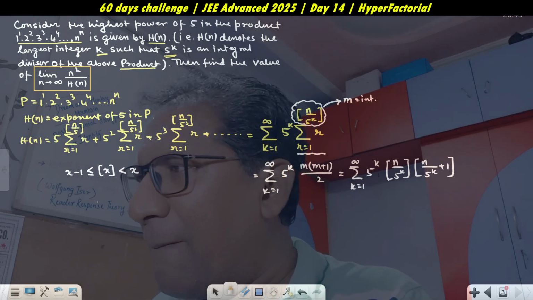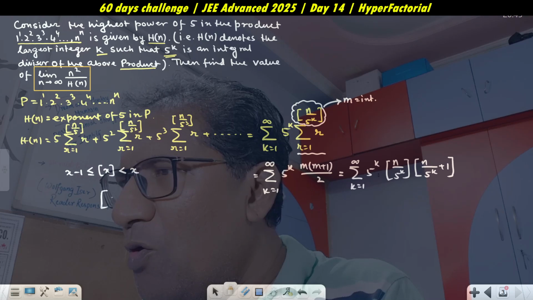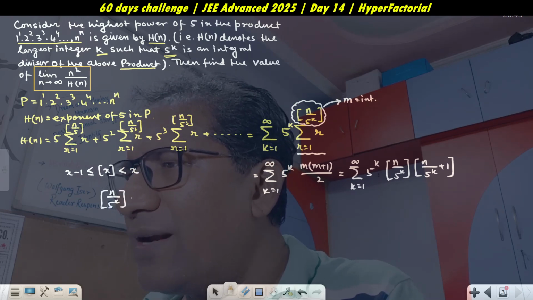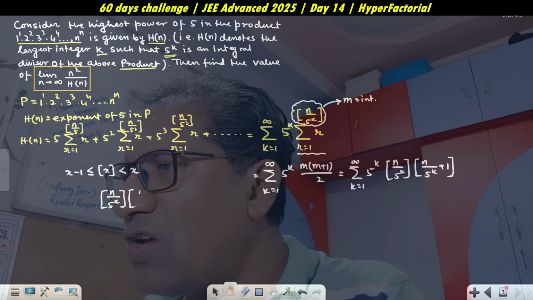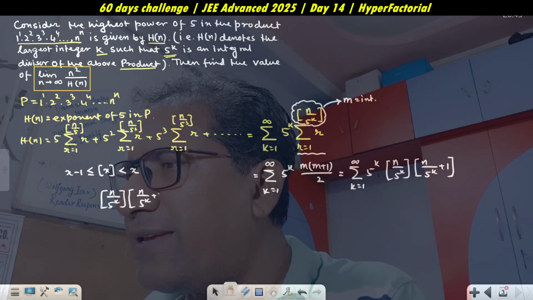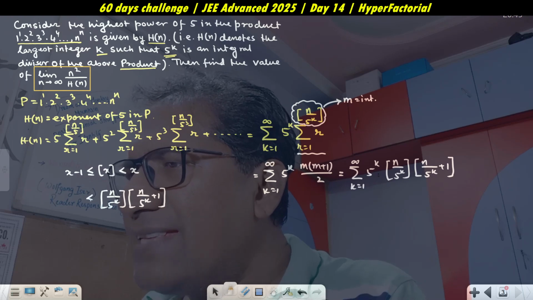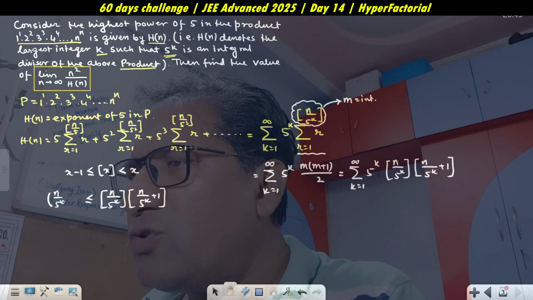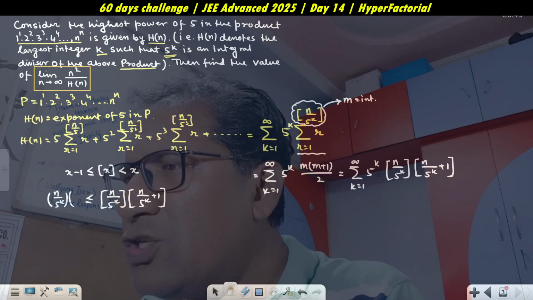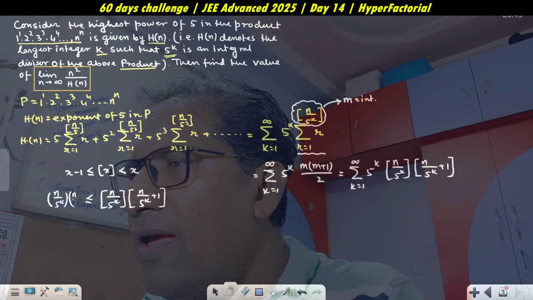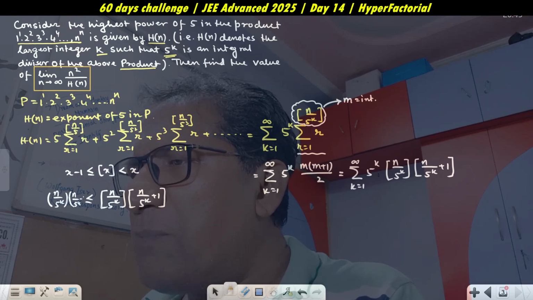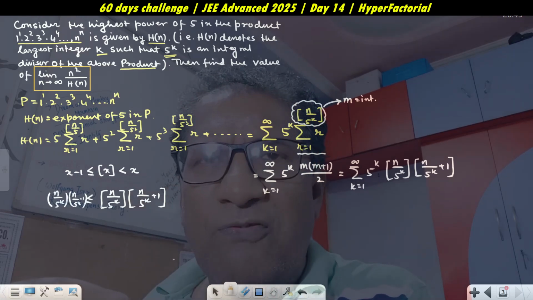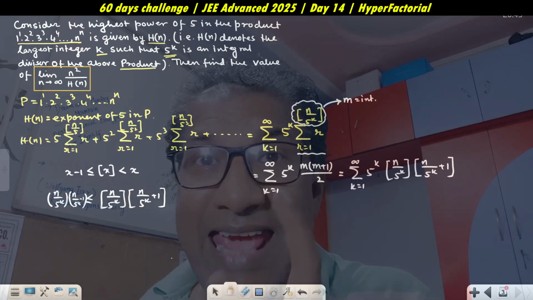Floor of n by 5 to the power k into floor of n by 5 to the power k plus 1 lies between n by 5 to the power k into n by 5 to the power k minus 1, because floor of x is always greater than x minus 1.